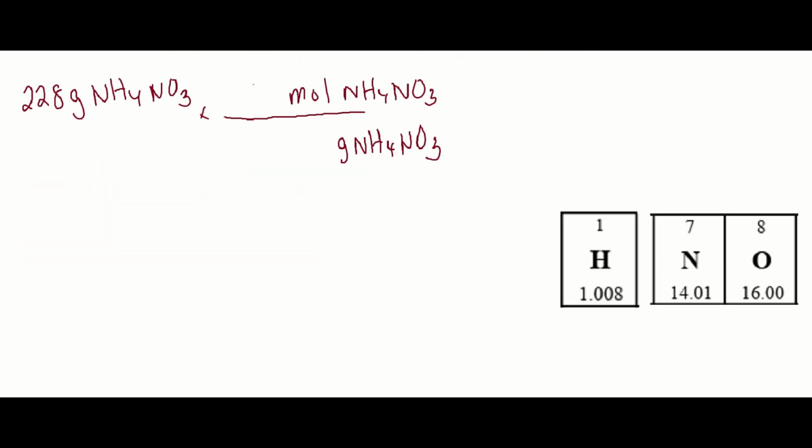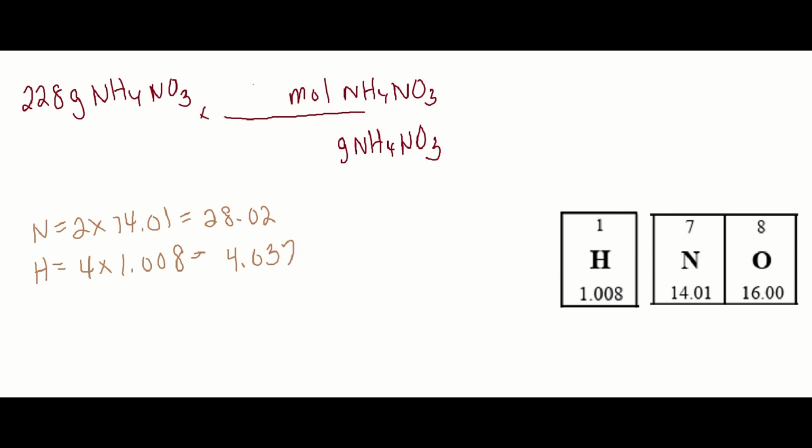I just copied over the elements that we need from the periodic table. So nitrogen, there's 2 of them in ammonium nitrate, has a molar mass of 14.01. So that's 28.02 grams per mole. And hydrogen, there's 4 of them, and the molar mass for hydrogen is 1.008. So that's 4.032.